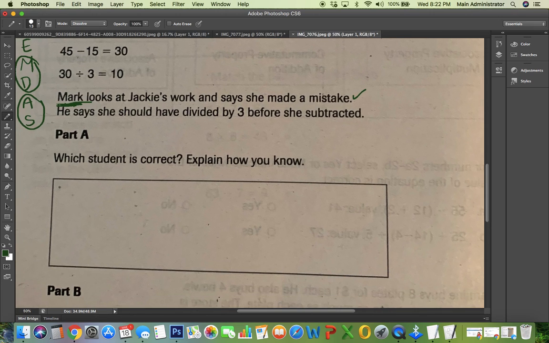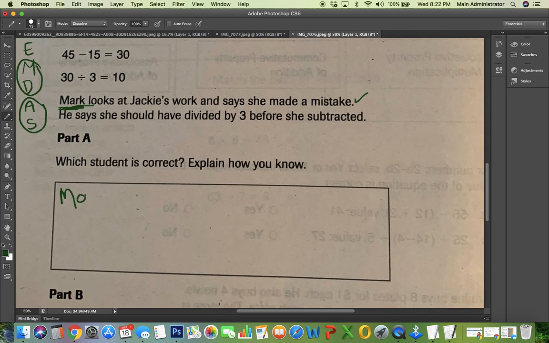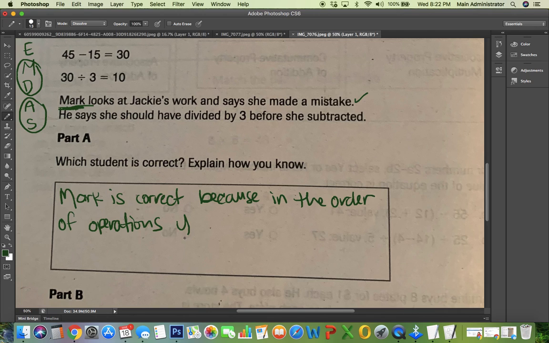So let's say Mark is correct because in the order of operations, you must divide before you subtract.